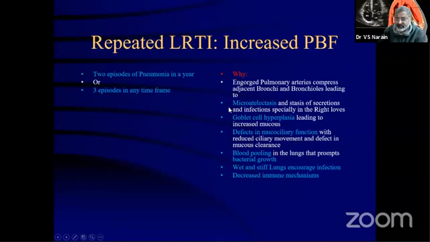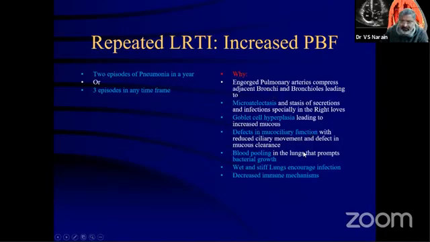The answers are many, but basically it is because the pulmonary arteries are engorged, they compress the bronchi and cause microatelectasis. There is hyperplasia of the goblet cells, which produce more mucus, and there is a defect in the mucociliary function. This is often not answered by the candidate. So you're producing more, they're causing stasis because of compression, and you're not able to clear it because of the defect in the mucociliary function.